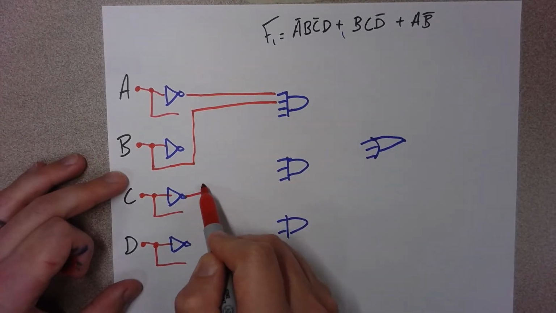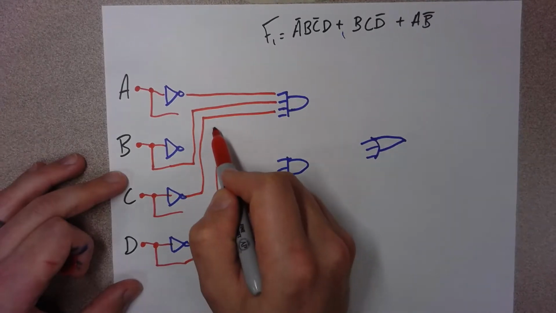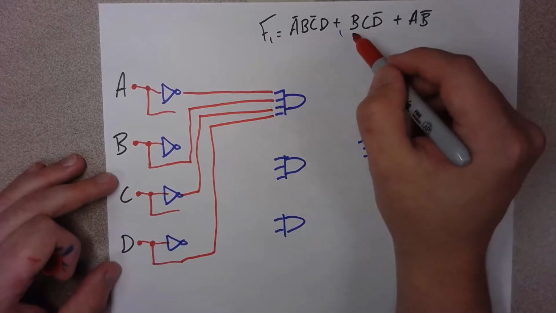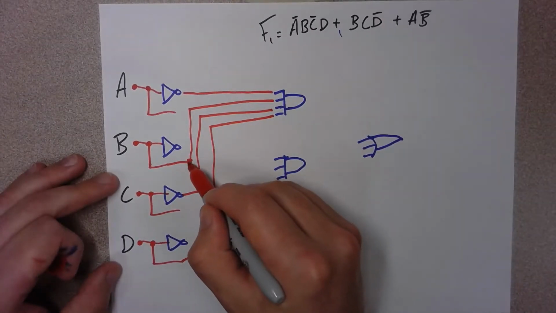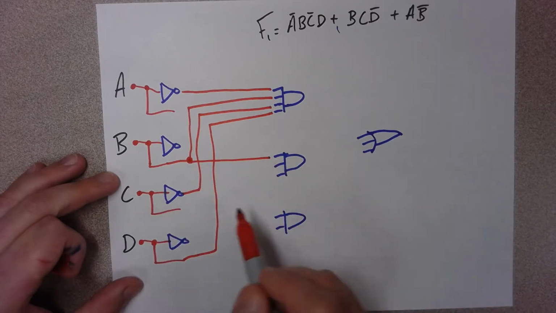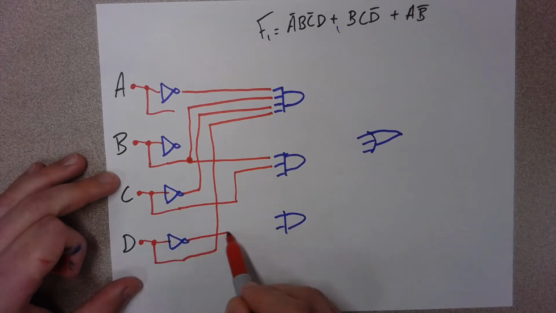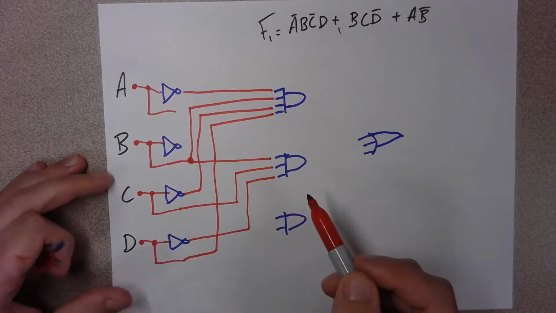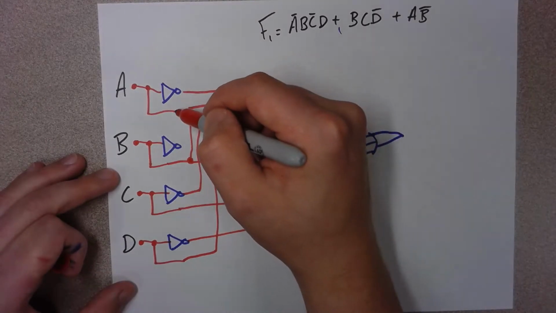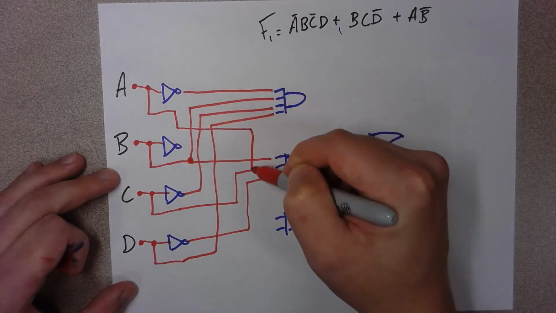And then not C, and then D. That gives us that AND. Next we get B, so we have to branch off here, then C, and then not D. And then this one is A. I'm going to try not to get too messy here and keep it as clean as we can.